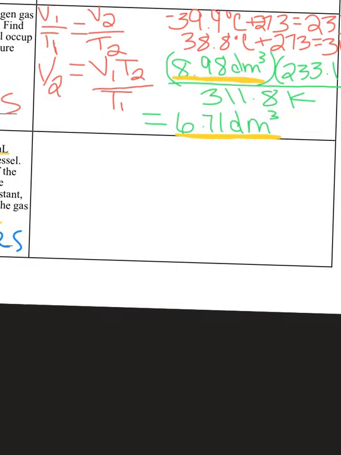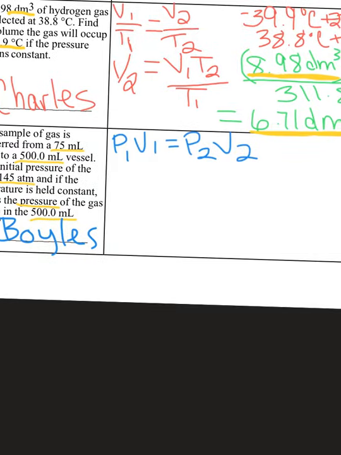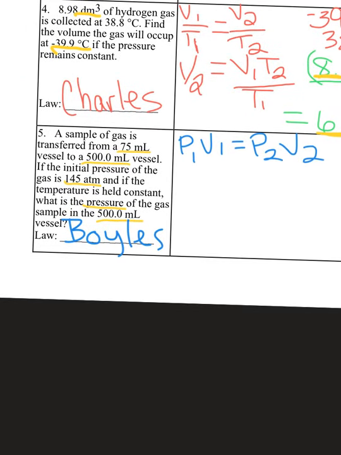Okay, so Boyle's law, that is P1 V1 equals P2 V2. P1 V1 equals P2 V2. Okay, so we got to figure out what we're solving for. Let's look back at the question. What is the pressure? So pretty explicitly we're solving for pressure.